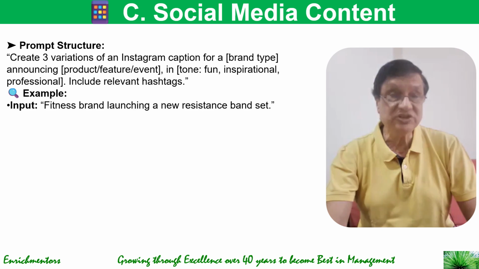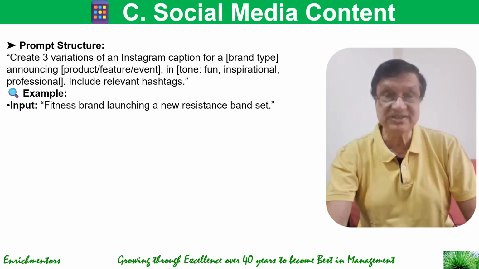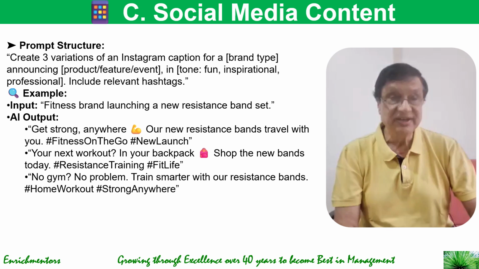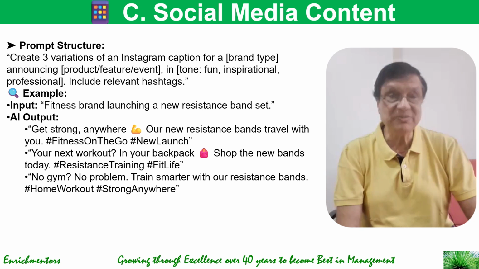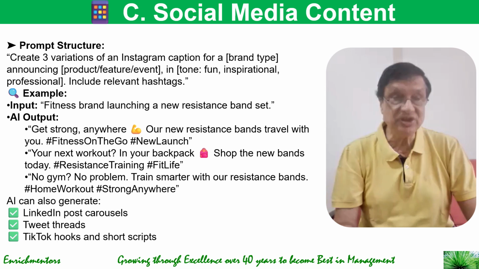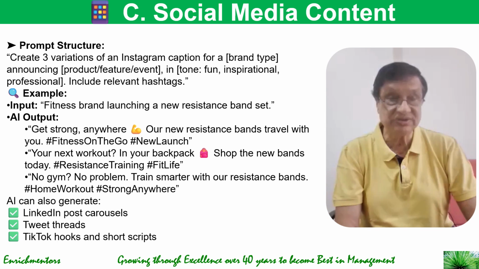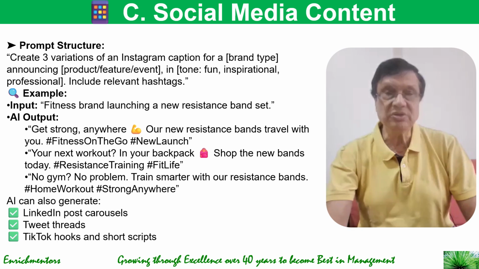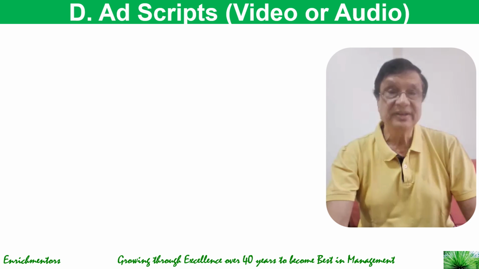An example would be a fitness brand launching a new resistance band set, and your output would look like what you see here: three possible variations of an Instagram caption. You can also generate LinkedIn post carousels, tweet threads, and TikTok hooks and short scripts. So that's what you can do for generating social media content.